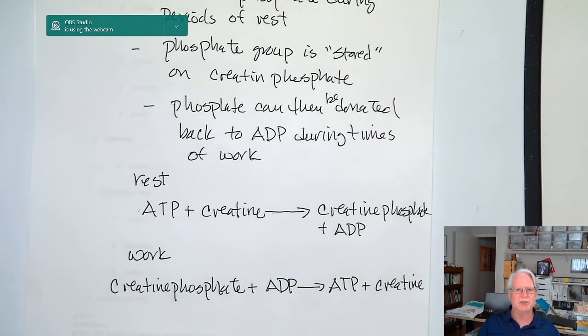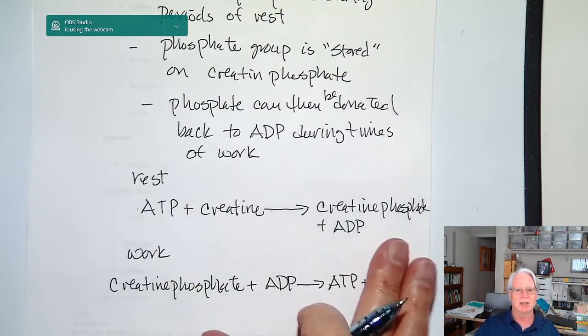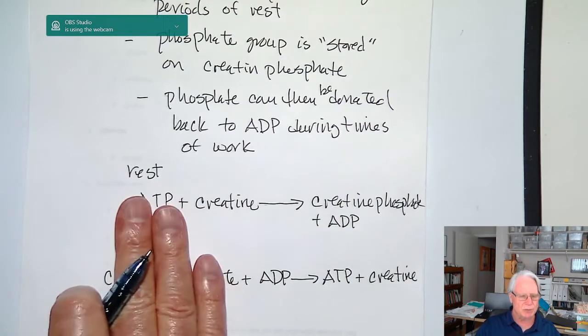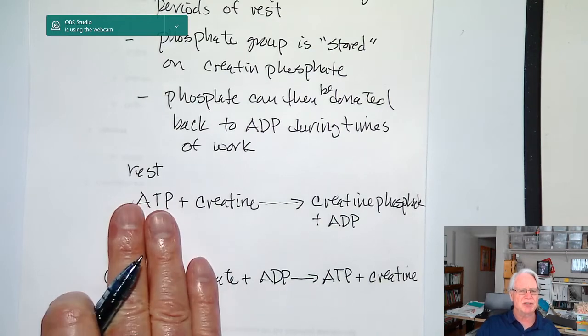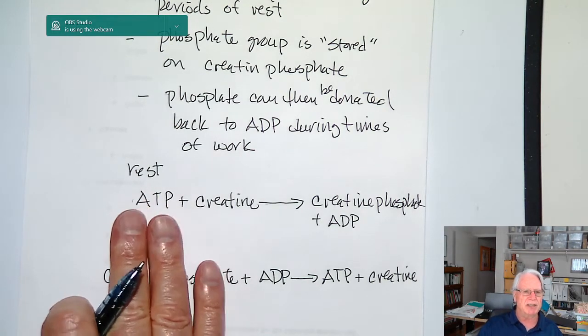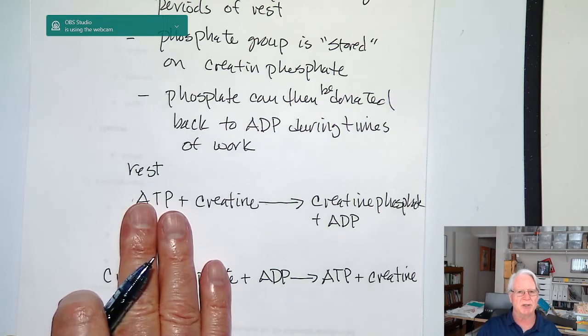So you might be asking yourself at this point, well, why not just have a lot of ATP around? Why do we have to go through this middleman here, or this middle step? And the answer is, if you have ATP, it's going to be used. That's its purpose, is to drive reactions. It's kind of like having money in the pocket. If you have money in the pocket, you're simply going to spend it. So you put it someplace where it's not so accessible by the cell.